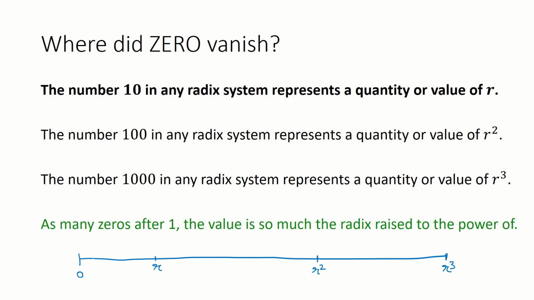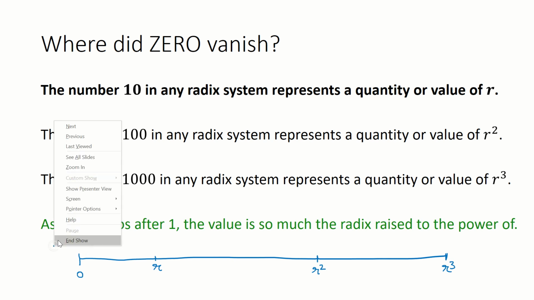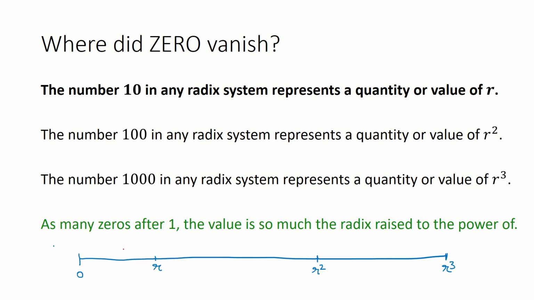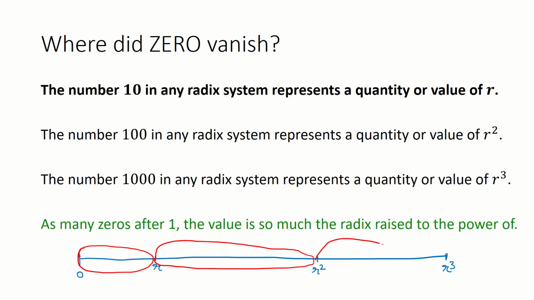Okay. So, all these quantities from 0 to r minus 1, then from r to r square minus 1, then from r square to r cube minus 1 are alike.